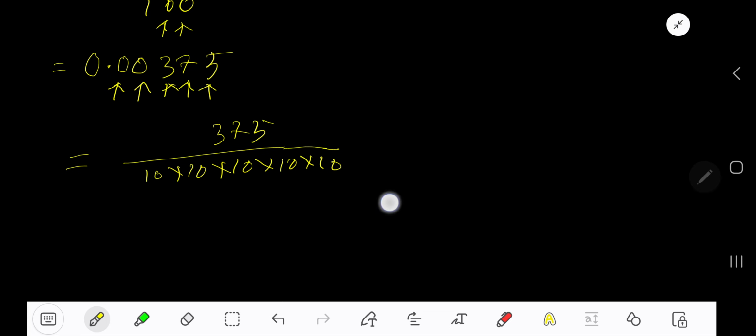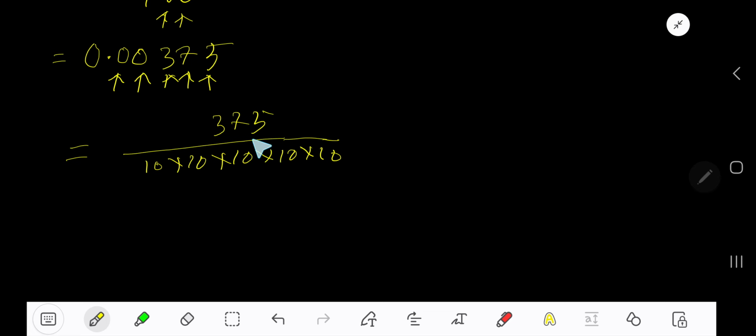Okay. Now we need to reduce this fraction. For reducing this fraction in one step, you need to divide the numerator and denominator by the greatest common factor or divisor. But if you want to simplify this fraction in multiple steps, then just divide the numerator and denominator by a common factor.